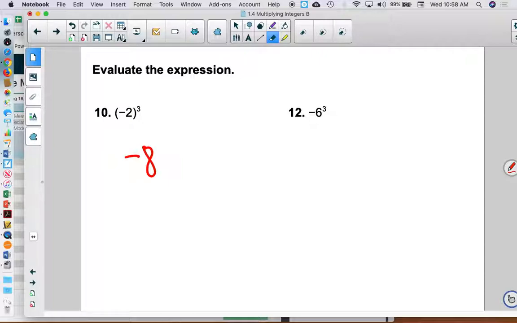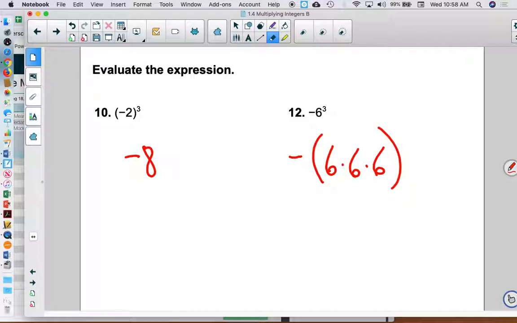Kaylee, what'd you get? Well, I think it's 216, but I'm confused because you have to put the negative sign after it, but there's 3 of them. So would it be positive since there's 3 of them, or would it still be negative? Has to be negative, because this is the opposite of 6 times 6 times 6.